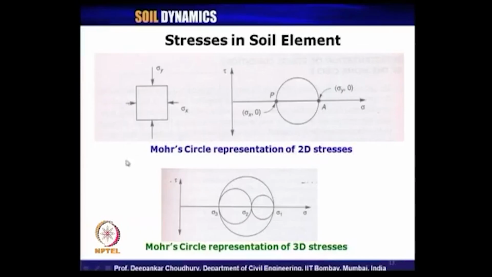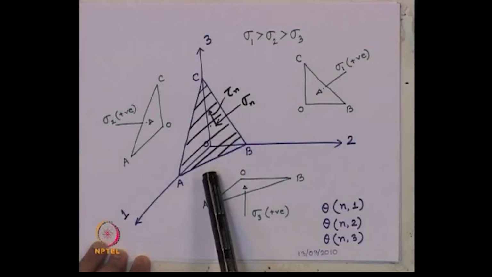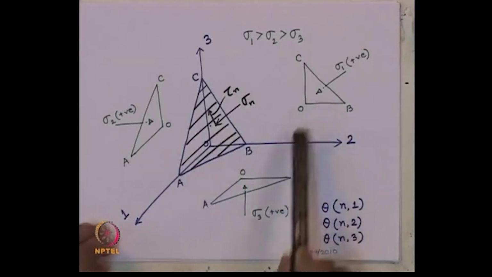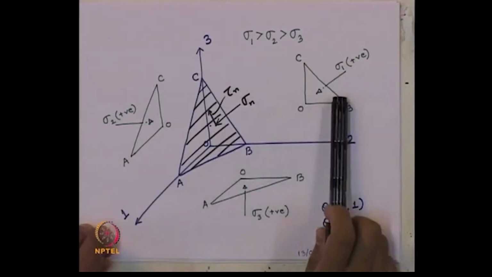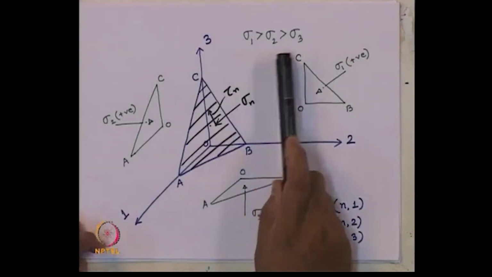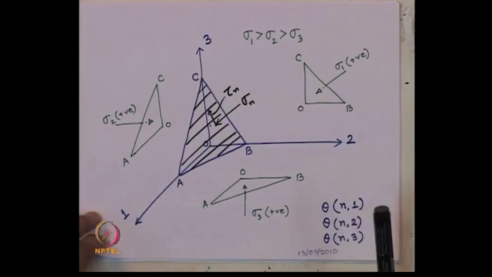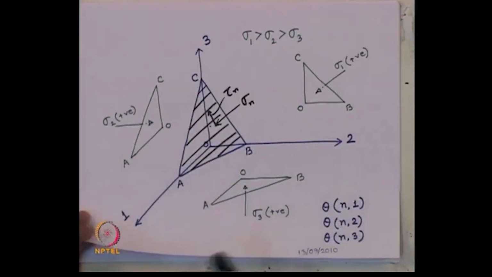Now, coming to the three dimensional stresses in soil element, we have seen this in the previous lecture. The three dimensional soil element, we have represented like this with three directional principal stresses, sigma 1, sigma 2 and sigma 3, major principal stress, intermediate principal stress and minor principal stress, and the corresponding direction cosines with respect to any plane, nth plane, with respect to those principal stress directions.